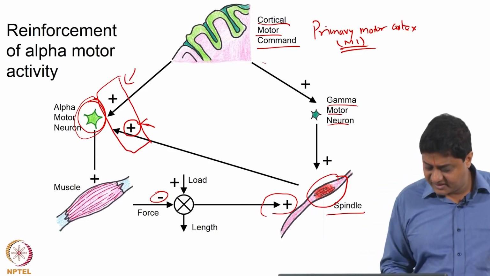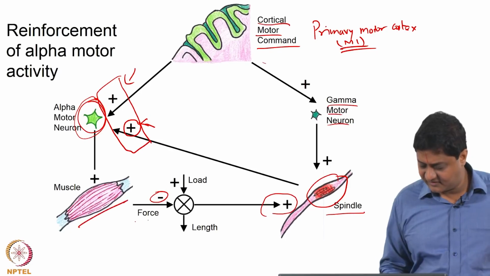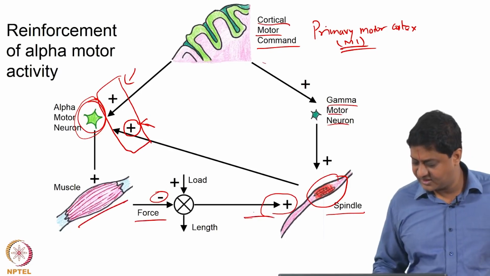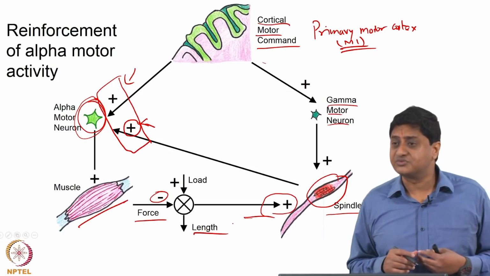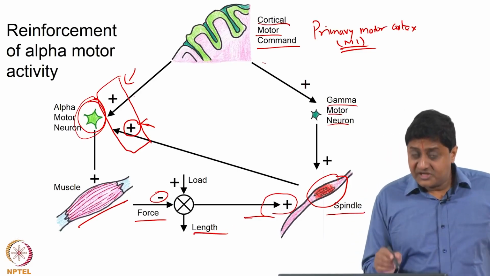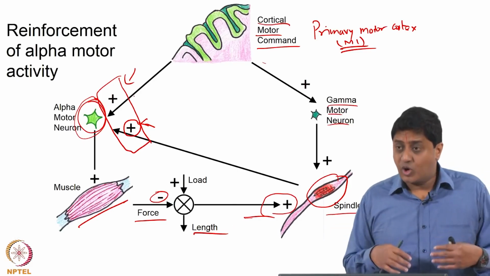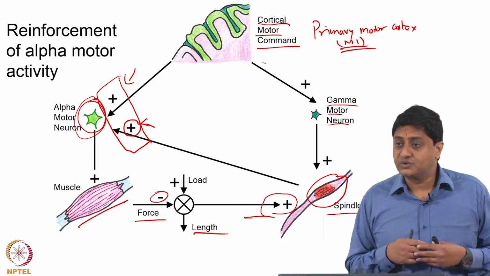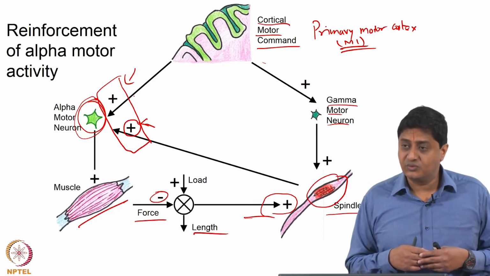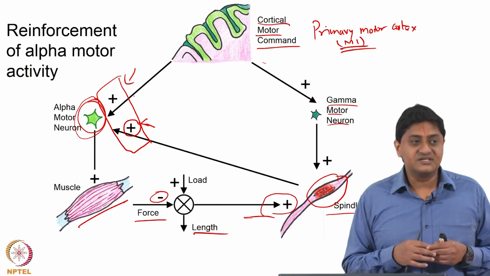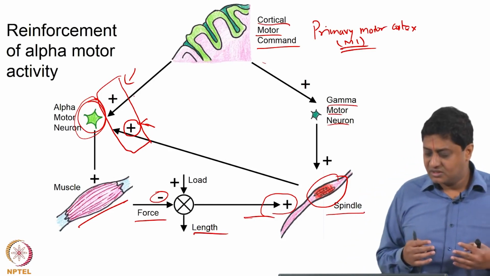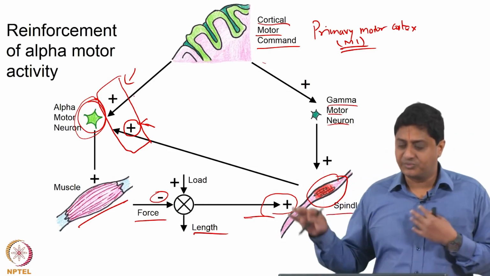You are only observing the net output, the activity here, the length, the force that is produced. But it is produced by a combination of inputs. How much of this is due to reflex, what component is due to what cause, is an important question that continues to be researched at multiple levels. Okay.